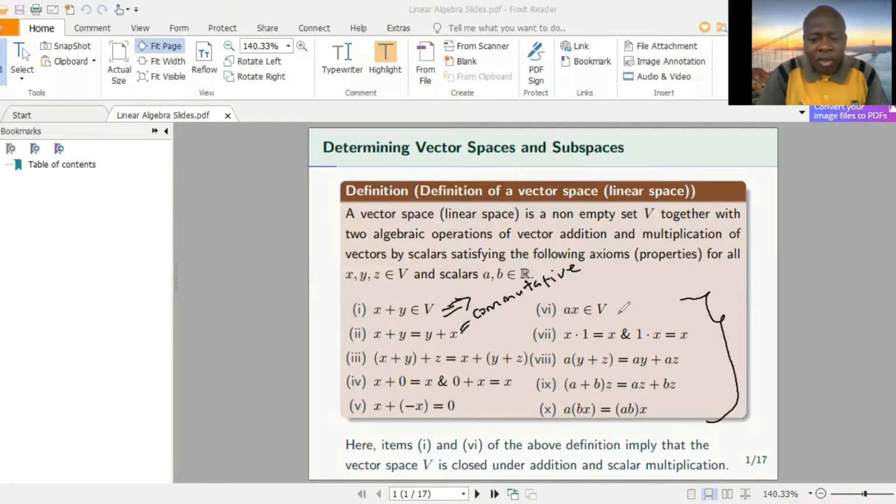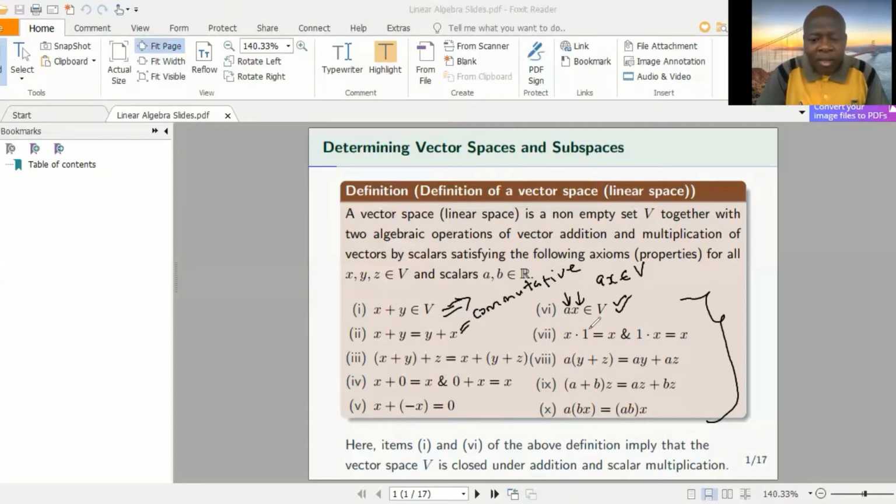And this is the closure. If you are to pick a vector x and a scalar a, the product of this scalar and the vector must be in V. So this is the closure property.